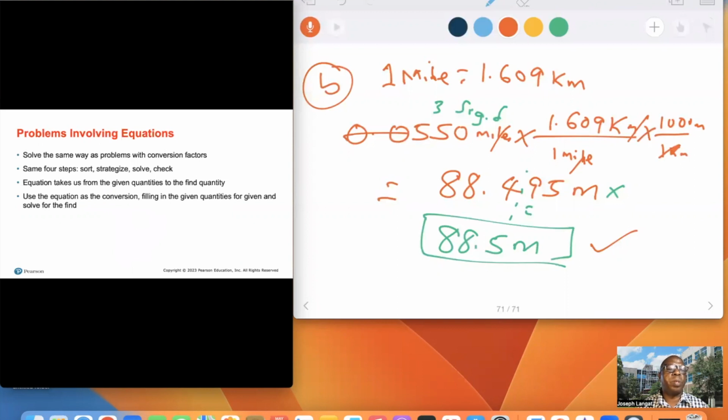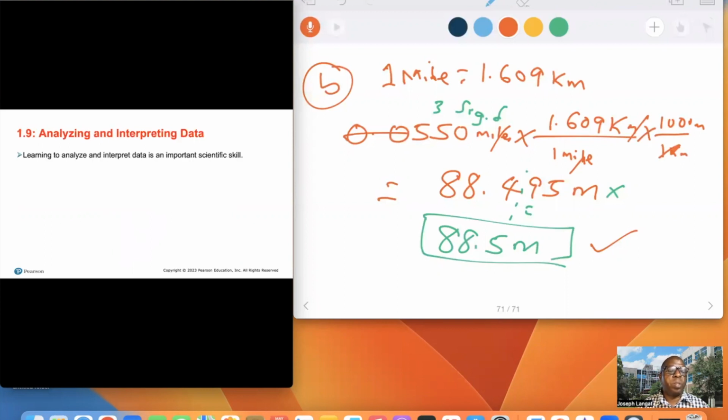You derive those. Other than that, I want you to practice, read more on analyzing and interpreting data in section 1.9 in the text, chapter 1, all right?